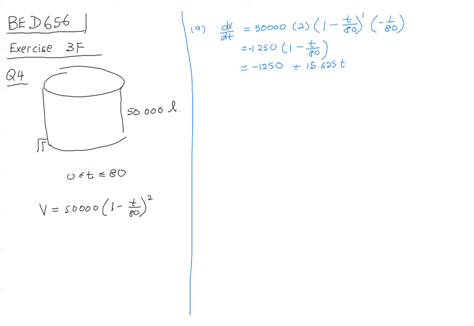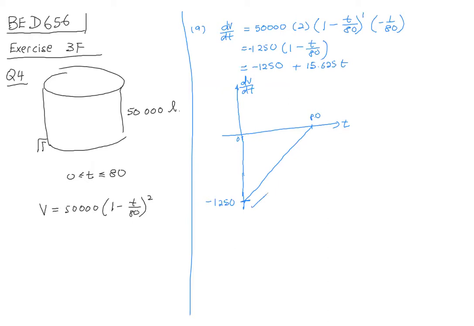So it should be a straight line, and you have to mark until 80. So I believe the graph is going like that. Am I right? Okay, so if the graph is like that, look, this is the greatest rate.